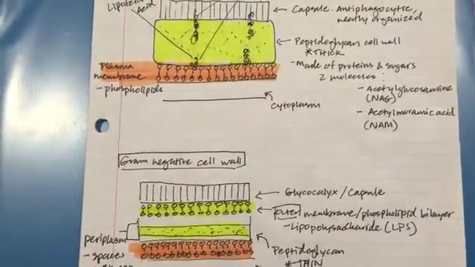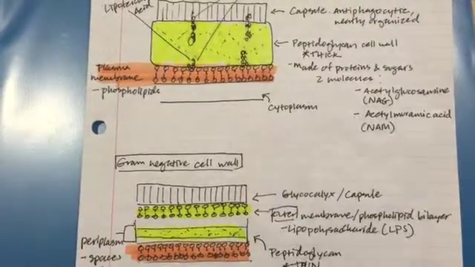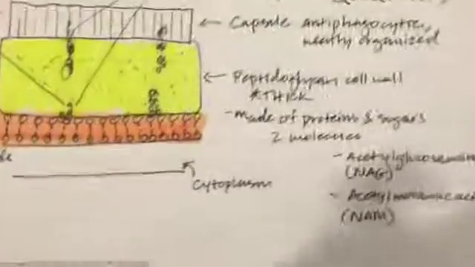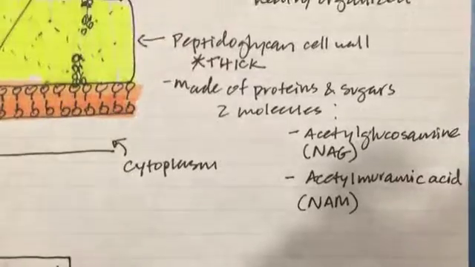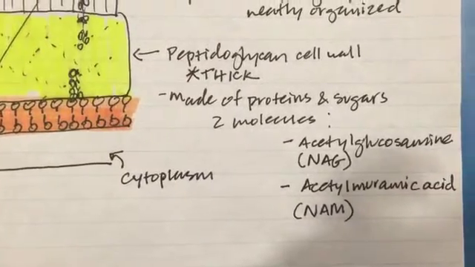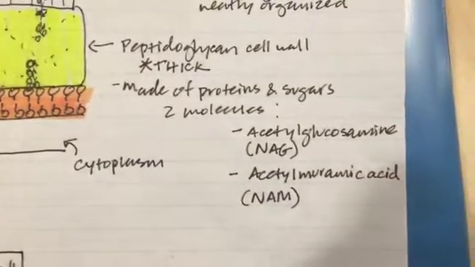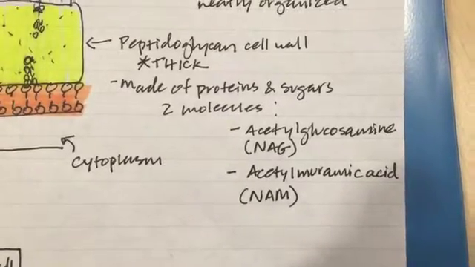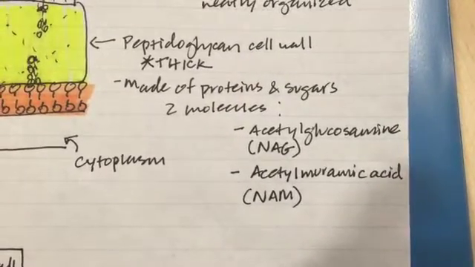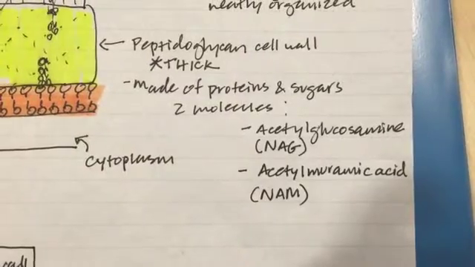And it's composed of amino acids and glucose. So proteins and sugars, two molecules in peptidoglycan, acetylglucosamine, otherwise known as NAG, and also acetylmuramic acid, otherwise known as NAM.